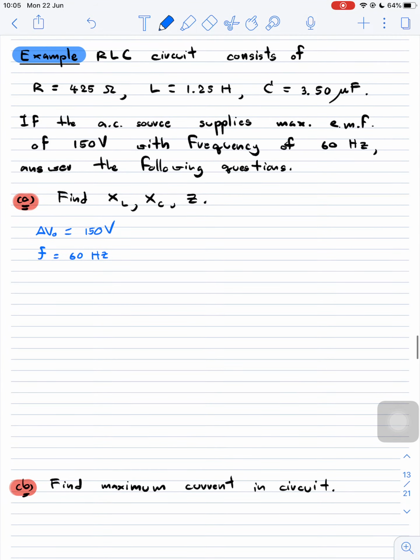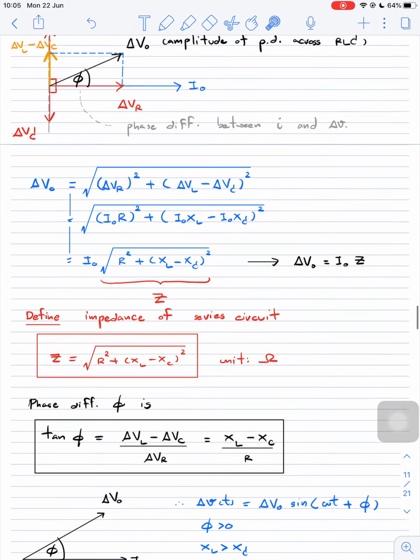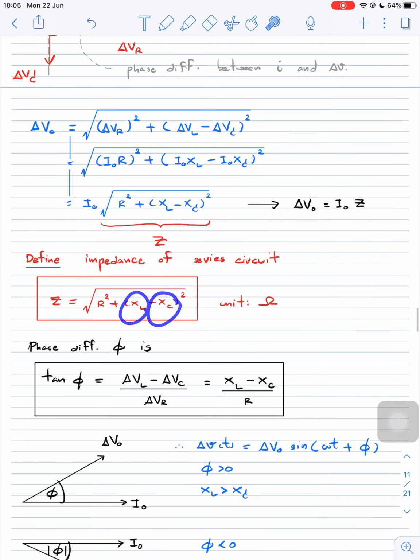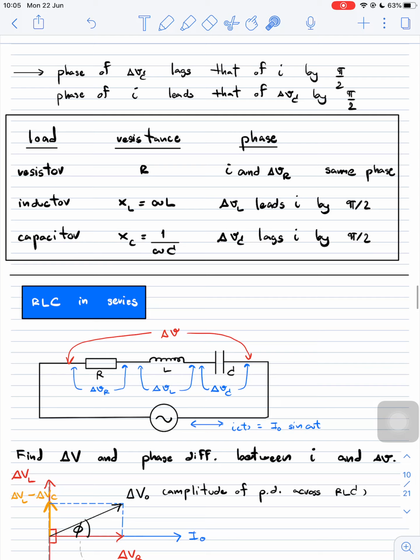Now for part A, we want to find the XL, XC, and then the C. To find the C, we need to know the XL and the XC. But to find the XL and the XC, we need to know the omega. So first of all, let's find the omega, the angular frequency.